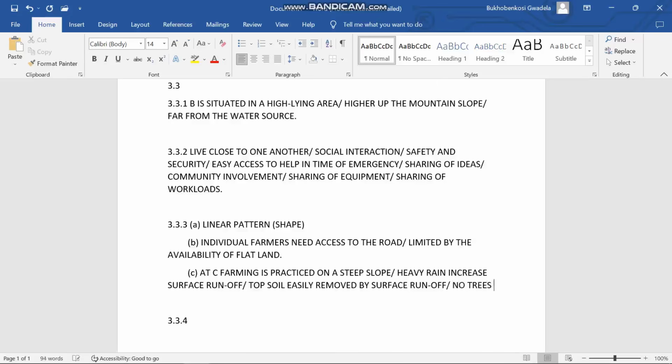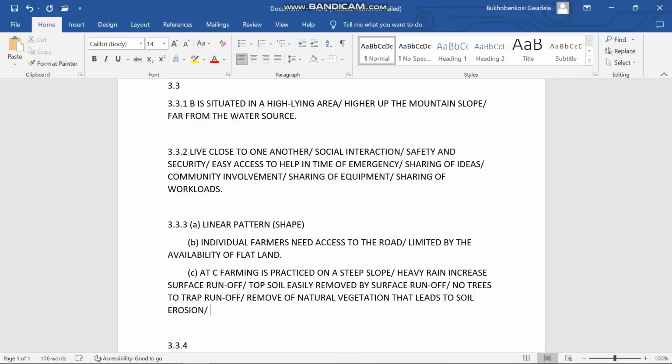Or removal of natural vegetation that leads to soil erosion.